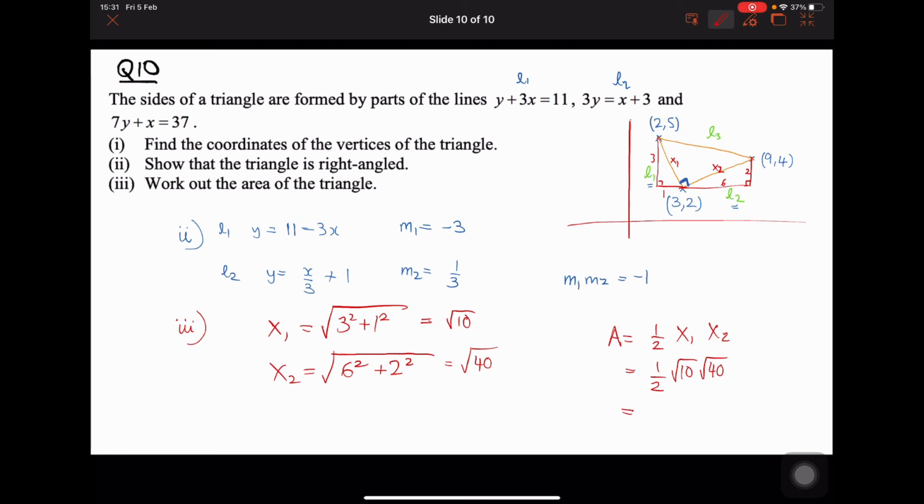And so let's simplify this. So root 4 root 10 root 10. So root 4 is 2, and so it cancels with this, and so we are left with 10 squared units.